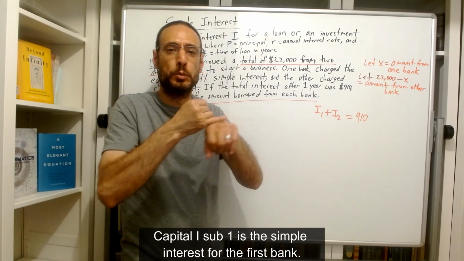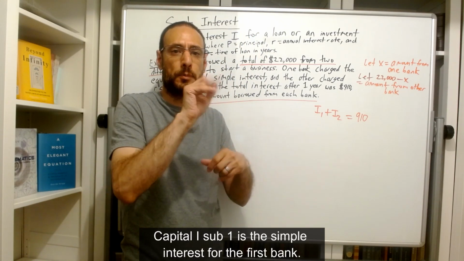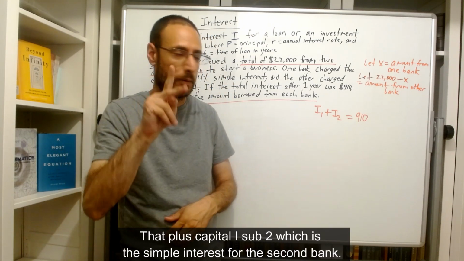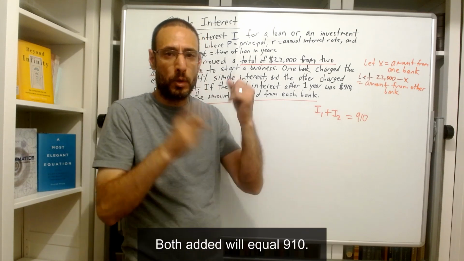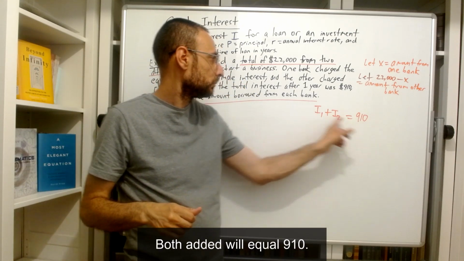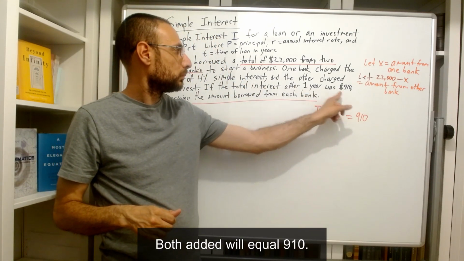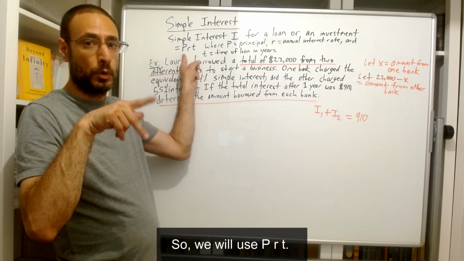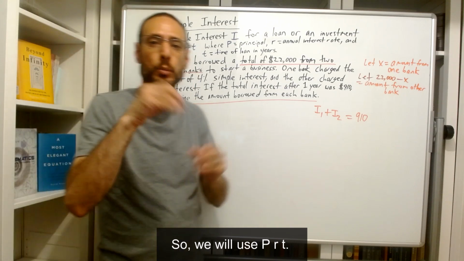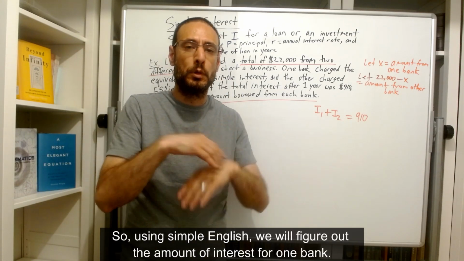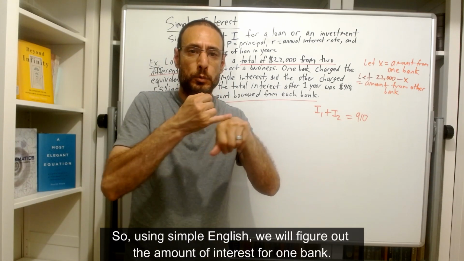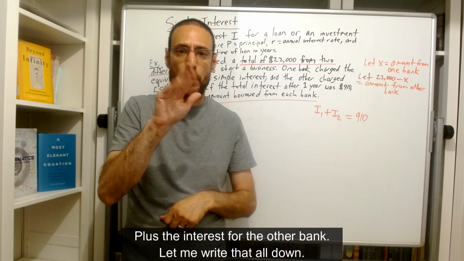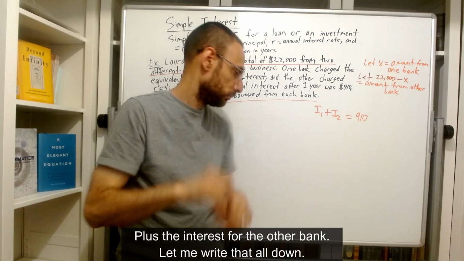Capital I sub 1 is the simple interest for the first bank. That plus capital I sub 2, which is the simple interest for the second bank. Both added will equal 910. So, we will use PRT. Using simple English, we will figure out the amount of interest for one bank plus the interest for the other bank. Let me write that all down.